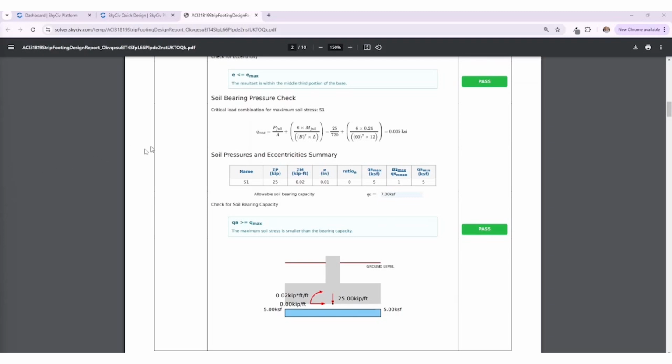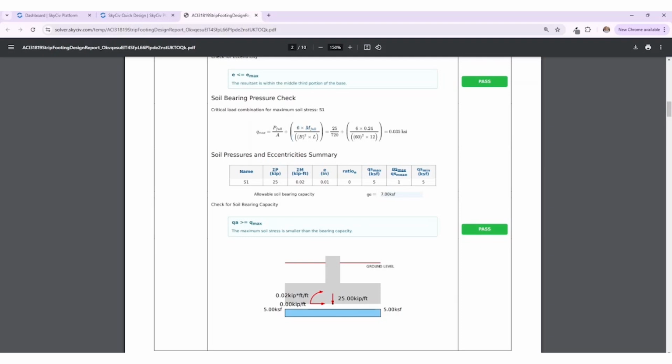The calculator evaluates the critical service load combination for the maximum soil stress. The formula for q max, the maximum soil stress, combines the axial load P full over A, where P full is the applied service load and A is the footing area, and the effect of the moment M full considering eccentricity is added to determine the maximum stress on the soil.